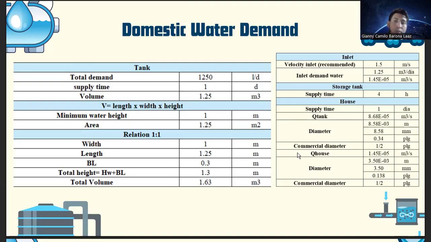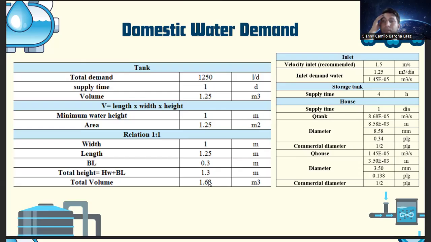The area was 1.25, and we have the width, the length, the free border, and the total height, the total volume. So, for example, on the table we have the inlet, we have the velocity.